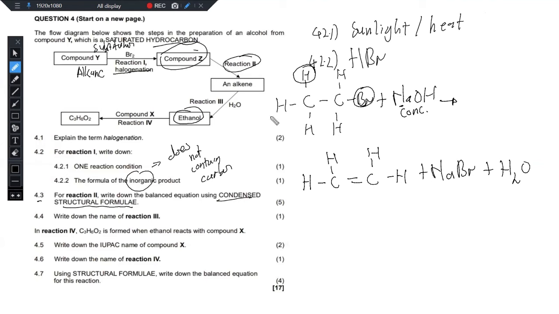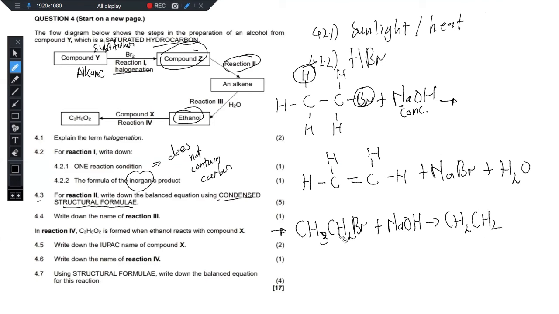But I'm not done, because I'm supposed to show this using condensed structural formula. So condensed structural formula, that's my answer. This is CH3, followed by CH2, and then I have Br. Then this will react with sodium hydroxide to give me the product, which is CH2, followed by CH2.